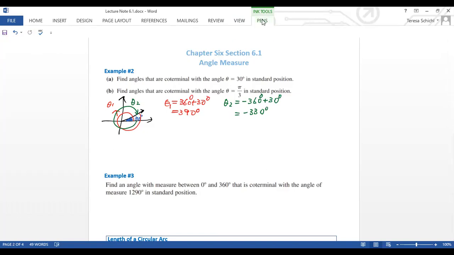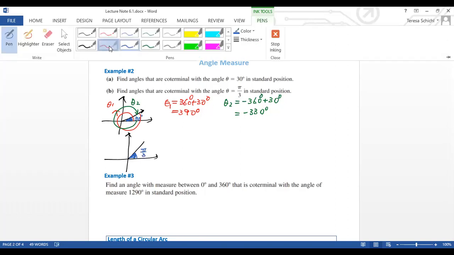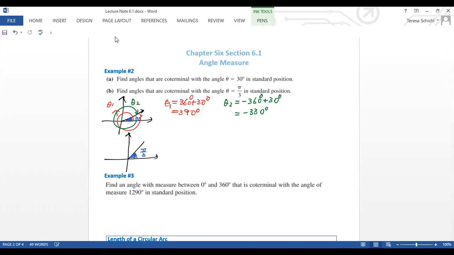Now let's take a look at part B. The angle is pi over 3. Let me use the same blue one here; this is pi over 3. Let's find the coterminal angles.